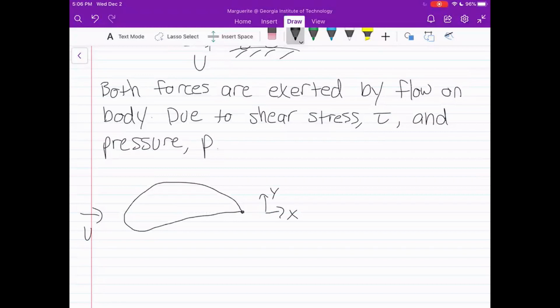Looking at the shear stress and the pressure, we know that shear stress acts parallel to the surface. So it's going to look something like this. That's tau. And then our net pressure acts normal to our surface. I'm going to draw the lines first.